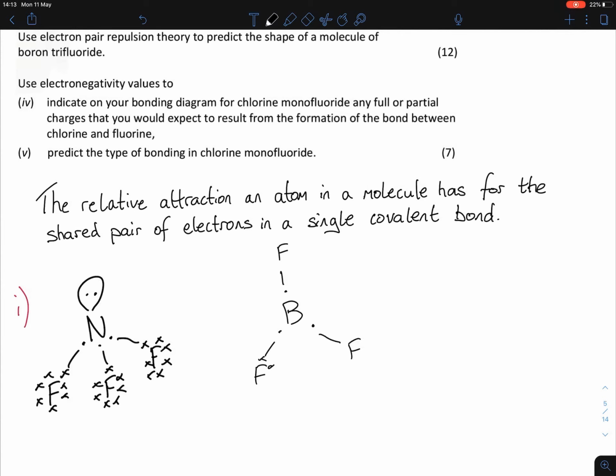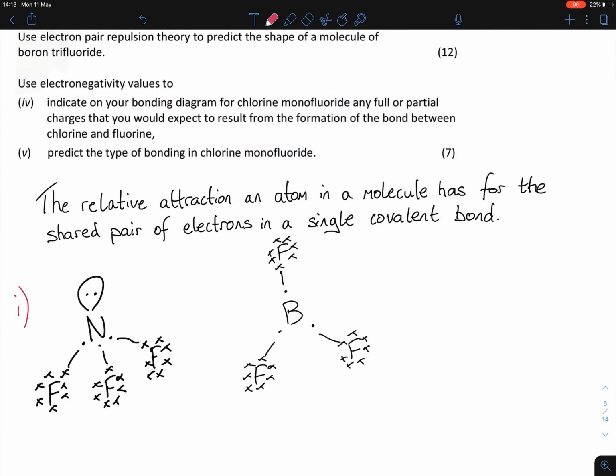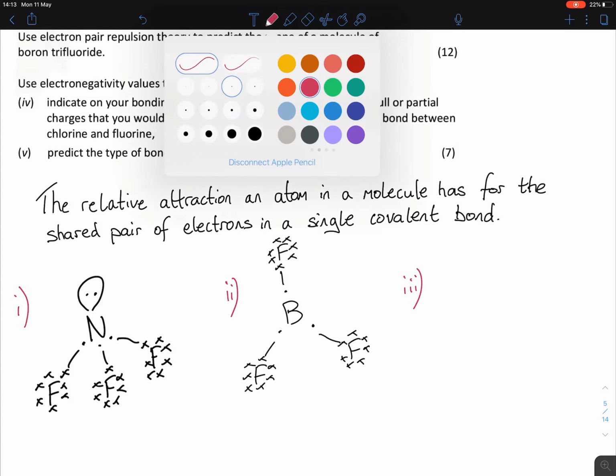And you put in your X's: 1, 2, 3, 4, 5, 6, 7. And we can see there that's going to have an angle of 120, because 360 divided by 3 is going to get you 120.